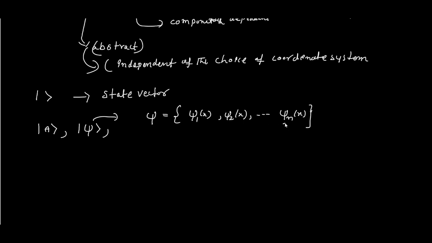So I'm going to write this one like this: psi n of x in a ket vector. Here psi n of x is the set of vectors, and n is the subset of the vectors.